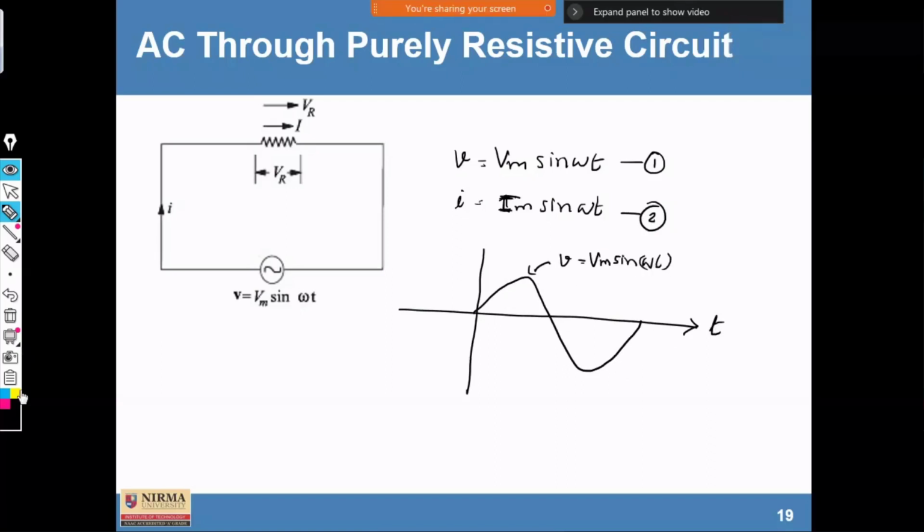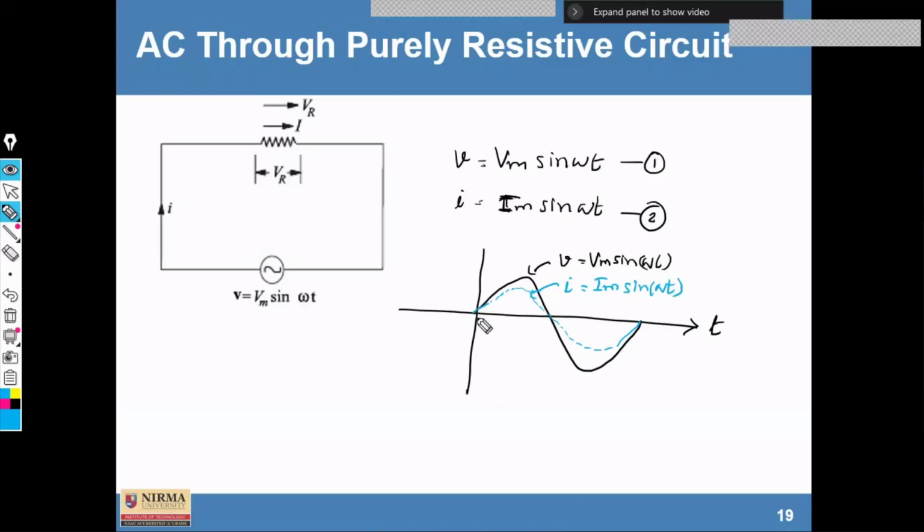Similarly, we can have another quantity, that is current, and we can plot the same curve of current also, i equals Im sin omega t. So here both the quantities are in phase with each other, and the maximum values we can represent as Vm and Im.